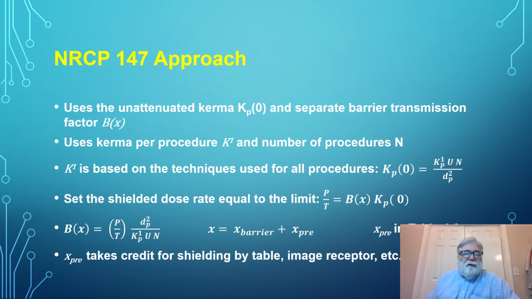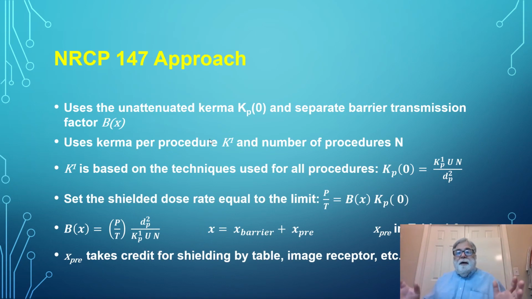That way it's a conservative assumption. NCRP 147 is based on surveys of facilities. They saw what kinds of mix of procedures are in the workload of the typical facility, and figured out what the total Kerma at a meter for all those different procedures is per patient.